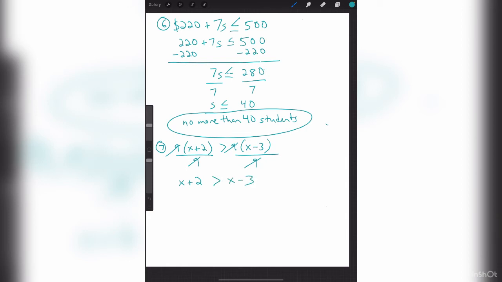Now I have an x on each side, and I could just subtract x from each side, right? And that would leave me 2 is greater than negative 3. Is 2 greater than negative 3? True or false? And the answer is true. So in this case, I would say the answer is always true.